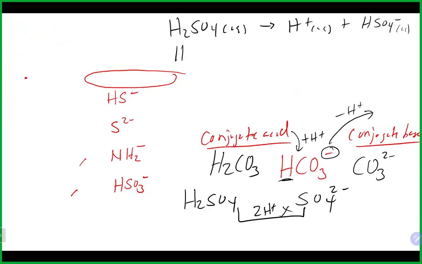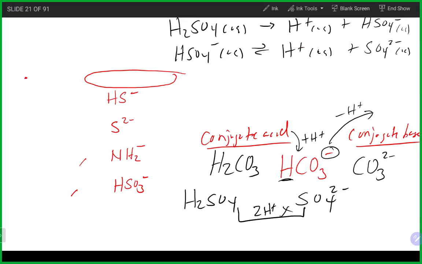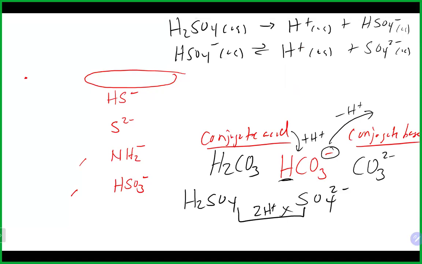Then the HSO4 minus will lose a second hydrogen and make sulfate. That is why H2SO4 and HSO4 minus are partners. The only difference is one H plus. That's also why HSO4 minus and SO4 2 minus are partners, because the difference there is just one H plus.